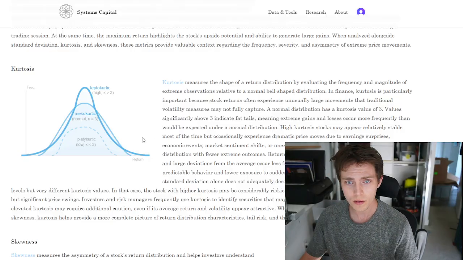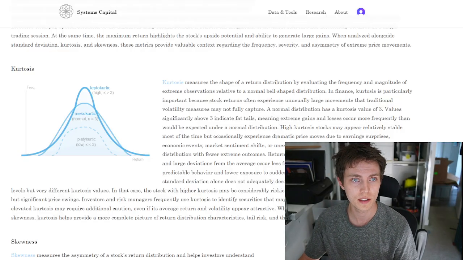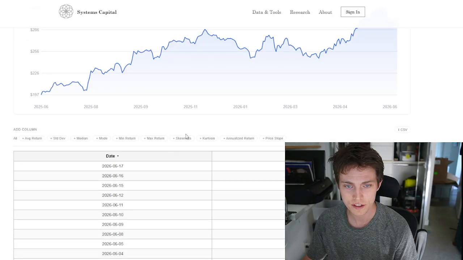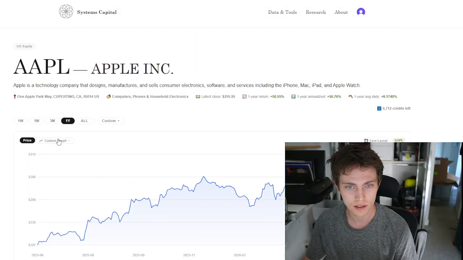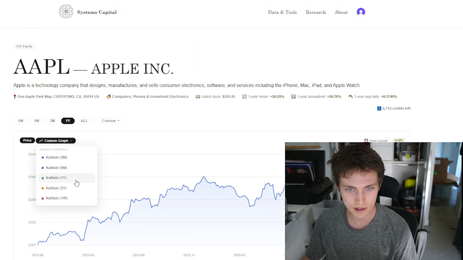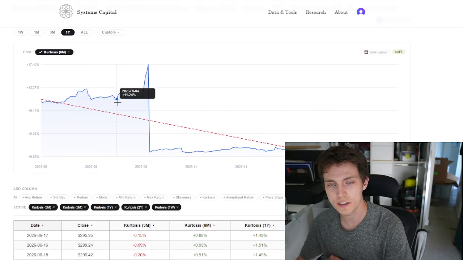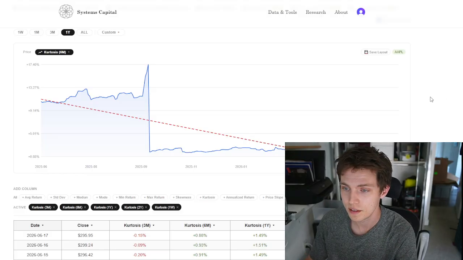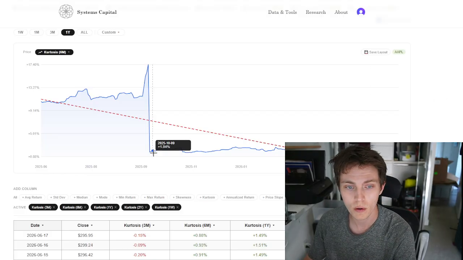So you can see with respect to Apple, a high kurtosis means that there might be higher one day swings than otherwise. While a low kurtosis means that it is not having big one day swings.